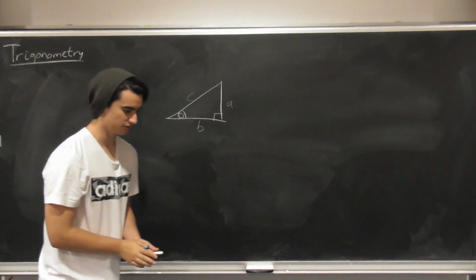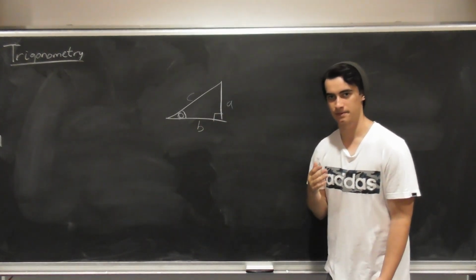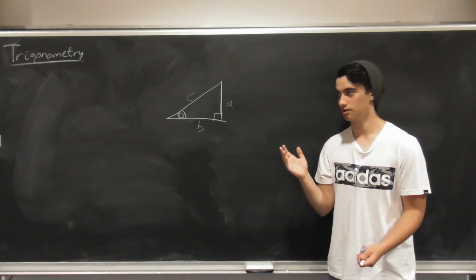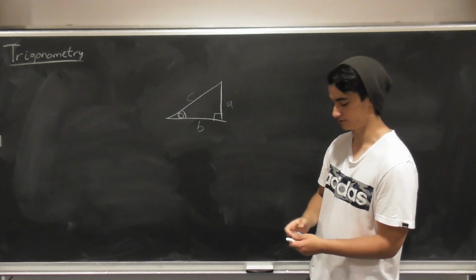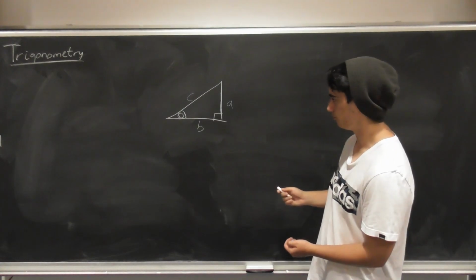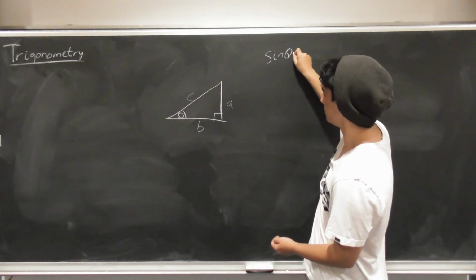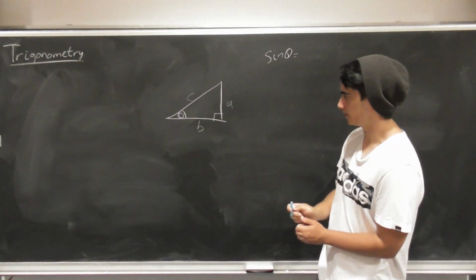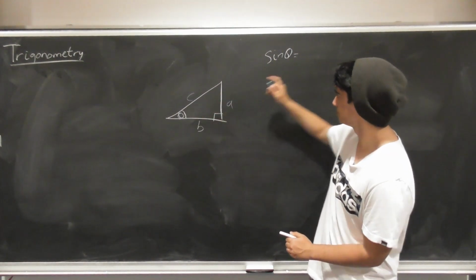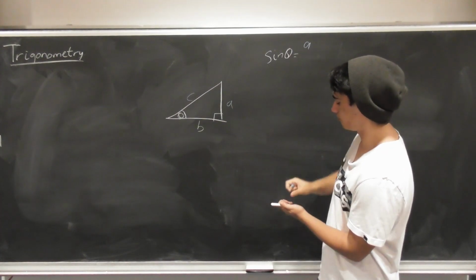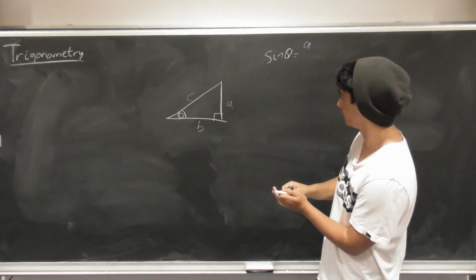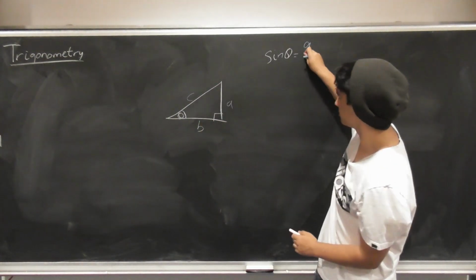So we can define different trigonometric functions, they're called, by different ratios of the different sides. We can call sine theta the side opposite to the angle over the hypotenuse, so this long side here.